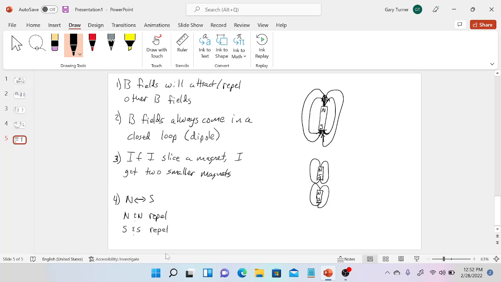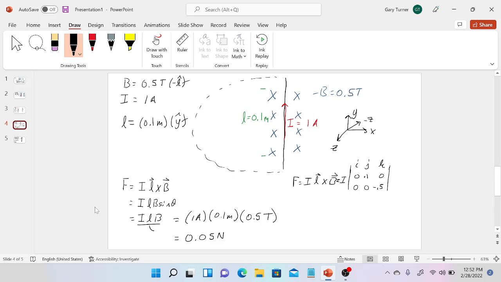So, what this means is, not to jump the gun too much, but if we come back up here, wires will create their own magnetic field, right? And if I put two wires parallel to one another, depending on how their currents are flowing, if they're flowing in the same direction or in opposite directions, these wires will either bend toward each other or they will bend away from each other.